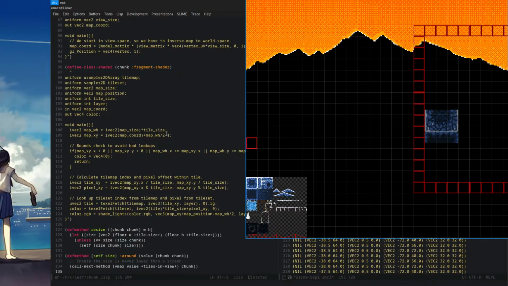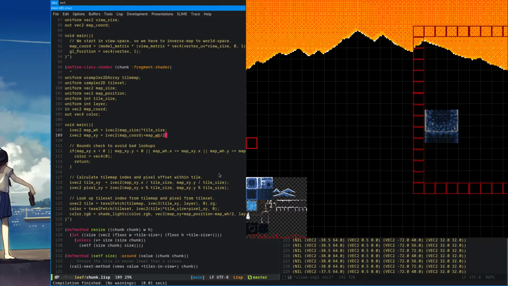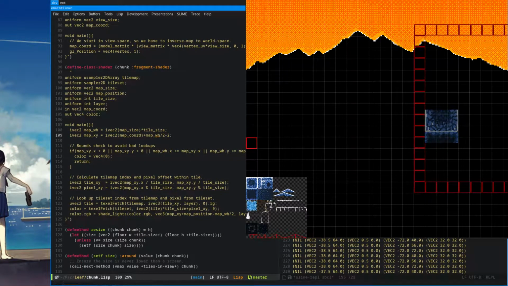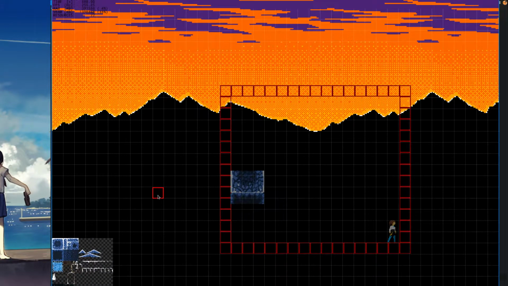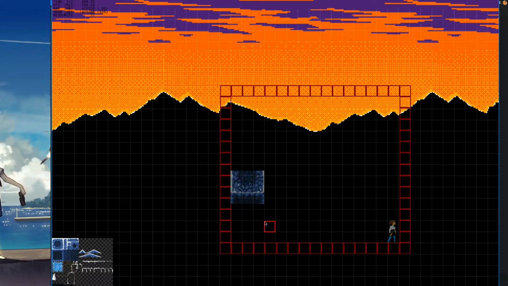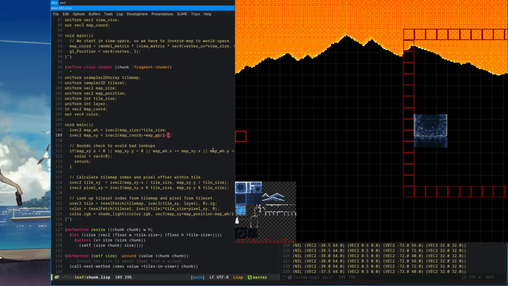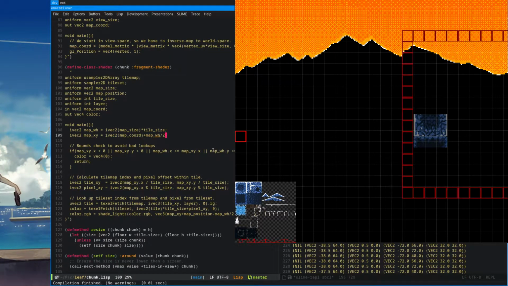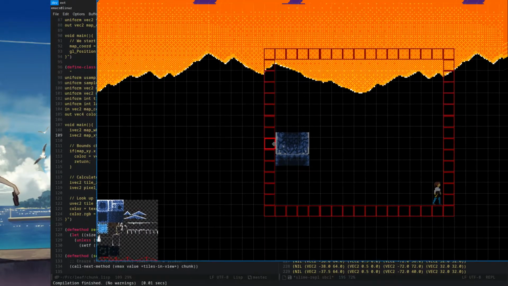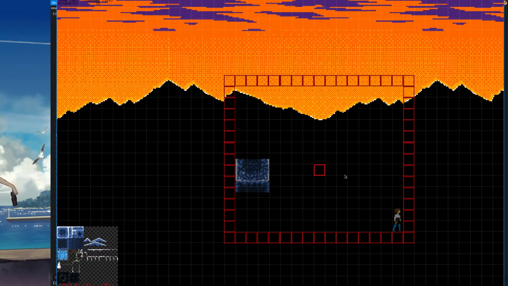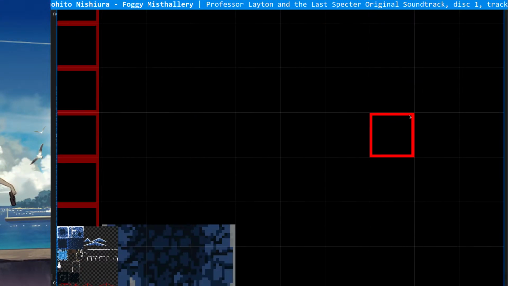I'm not sure. Oh, is it that? No. It's -2? No, that can't be right. Yeah, it's not. Look at that. It's not even uniformly offset. It's a scale issue, is it? Weird. Yeah, look at that.